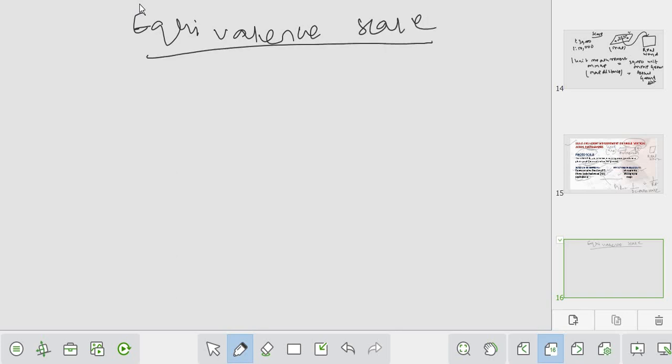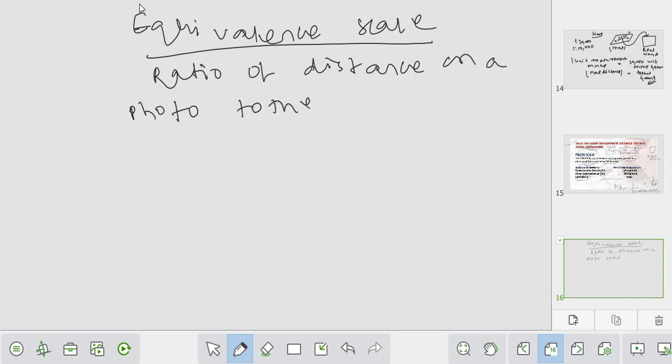That means it is the ratio of distance on a photo to the same distance on the ground.